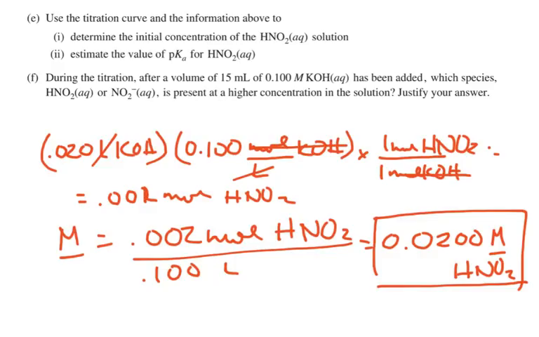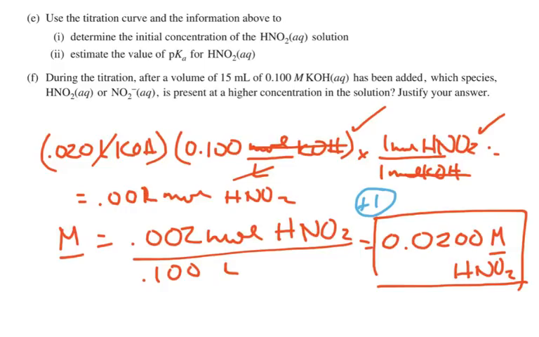So I determined the number of moles of KOH, which is the same as the moles of HNO2, because it's a one-to-one reaction, and then I divided by the volume of the acid so I could get my concentration. So this is worth 1 point to get to that answer.